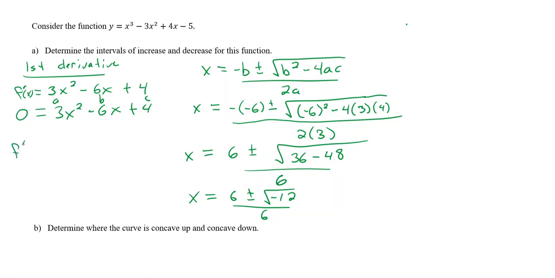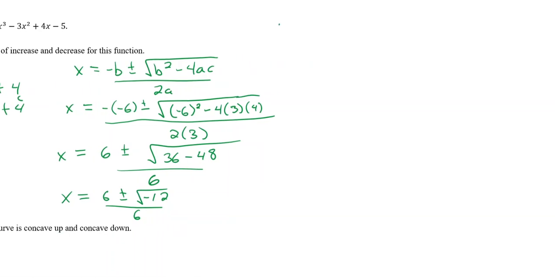If I went f prime of 0, an easy number, that's going to be 3 times 0 minus 6 times 0 plus 4. Well, that's coming out as positive 4. So that means it's positive, and that's all I really cared about. That means our graph is increasing forever. So we'll say f of x is increasing on negative infinity to infinity.